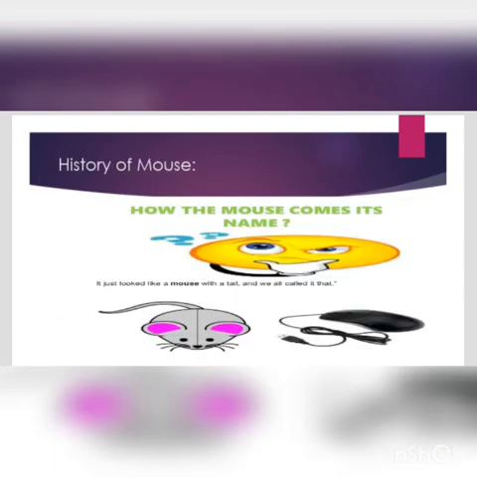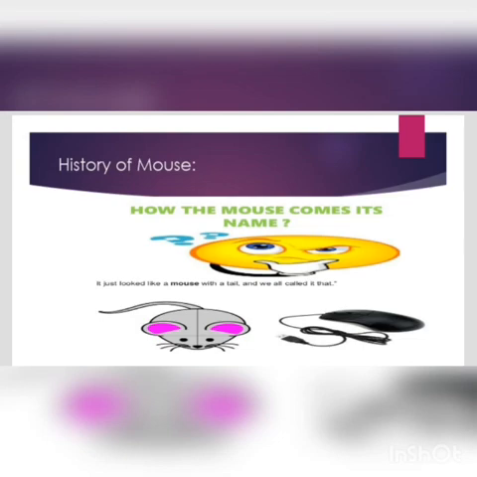So this slide has some fun facts. We will study the history of mouse, how the mouse got its name. We know that there are two types of mouse, the animal mouse and the computer mouse. You can see that both of them have the same shape.